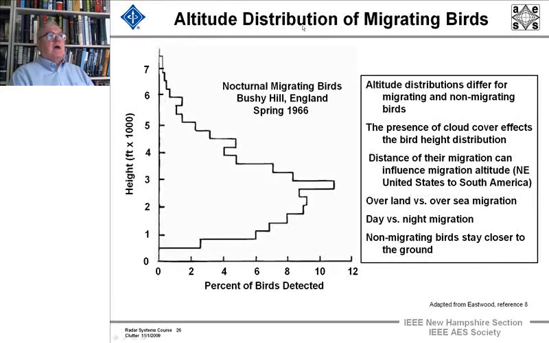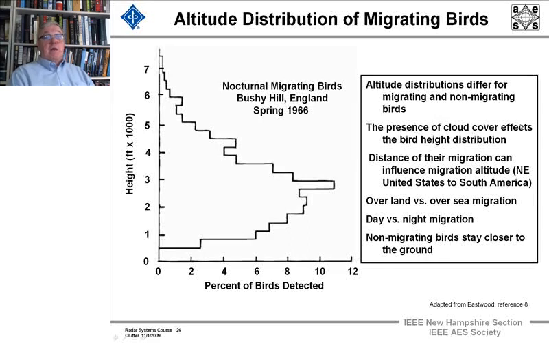Now, when you look at the altitude distribution of most birds, it tends to be about 3,000 feet. And these, again, are from Eastwood, and it's nightly migrating birds in England in 1966. They go up to 7,000 feet, but these are averaging about 3,000 feet. And the distributions obviously differ between migrating and non-migrating birds.